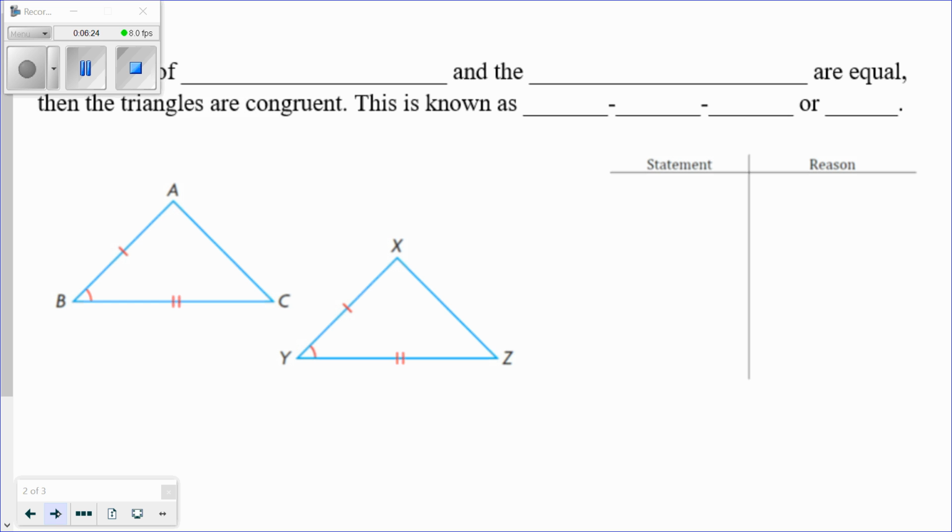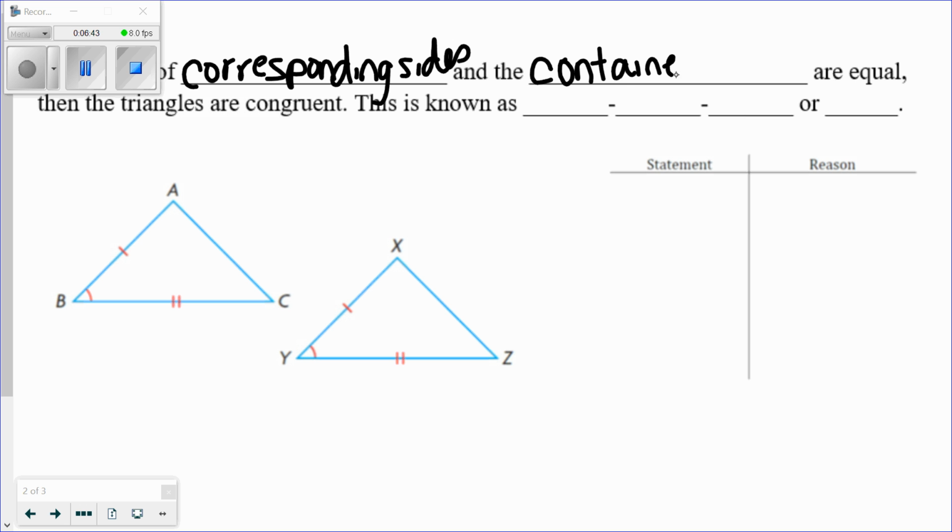So the next one says, if two pairs of corresponding sides, so now if we have two sides, and the contained angle, so notice that it doesn't just say one angle, it says the contained angle.